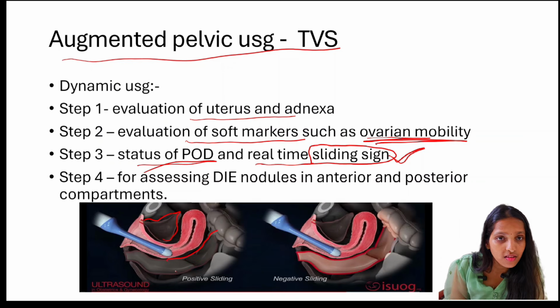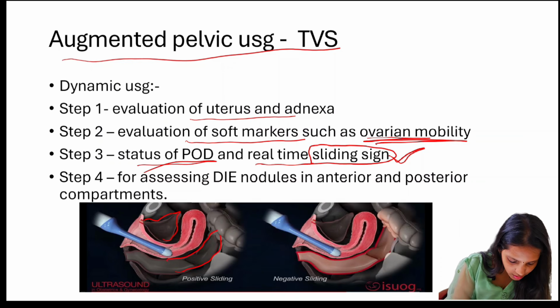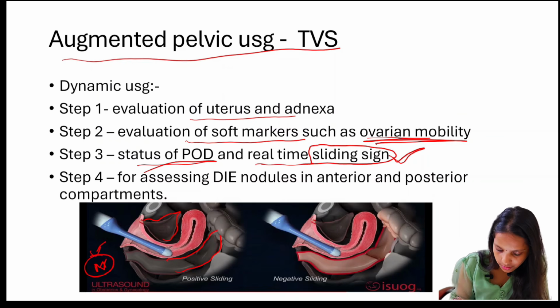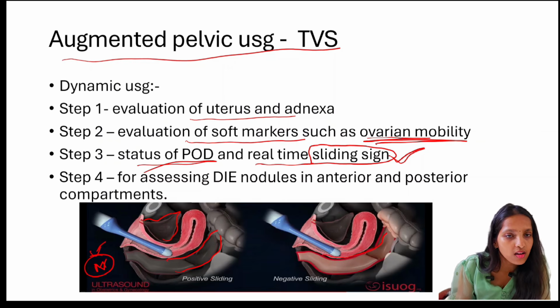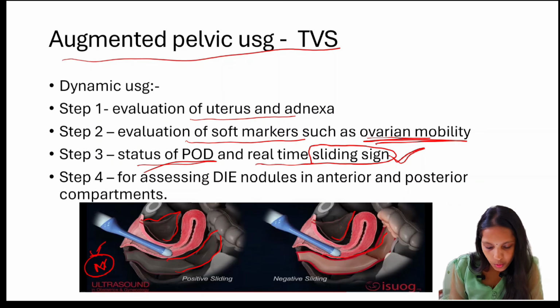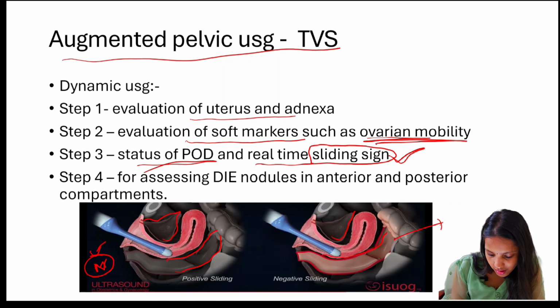That presents as a positive sliding sign, that is normal. In every normal case, we find a normal sliding sign. Whenever in the same examination we find that the bowel or any of the vesicle serosa is not mobile and is adhered, that shows a negative sliding sign. So that forms a case of endometriosis.